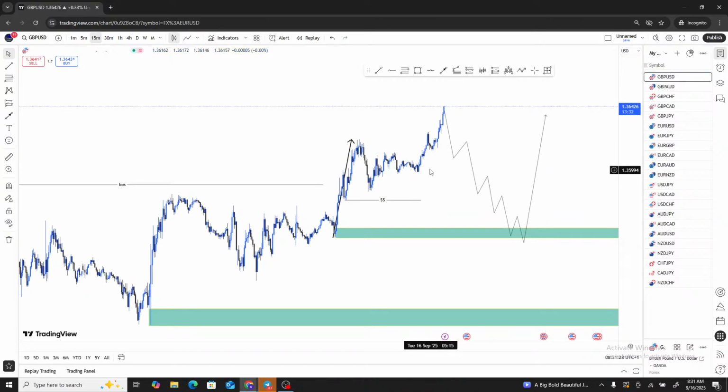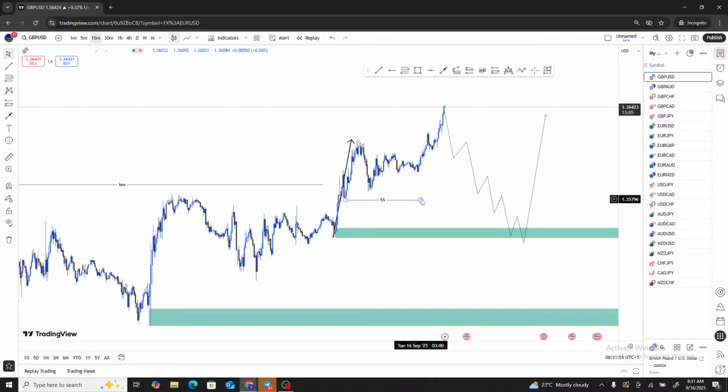Now, another criteria for why this is our order block. First of all, because it broke structure, then liquidity has to be close to that order block, and this order block has to have an imbalance. Can you see?